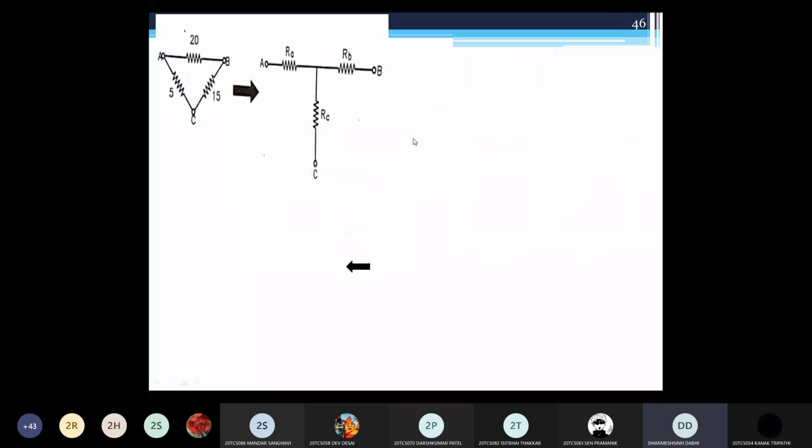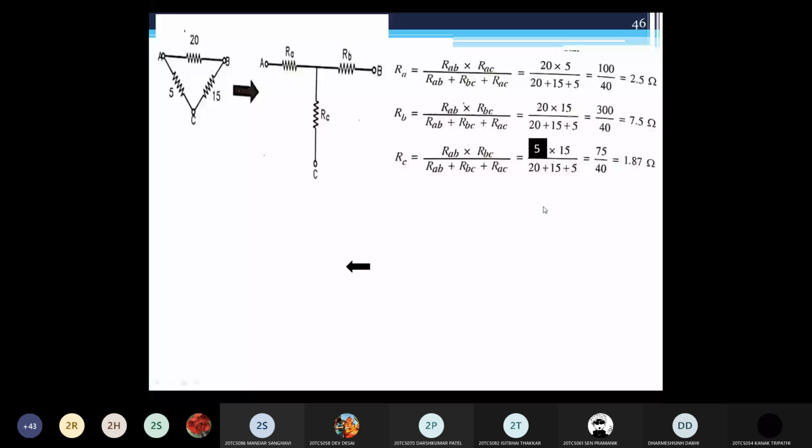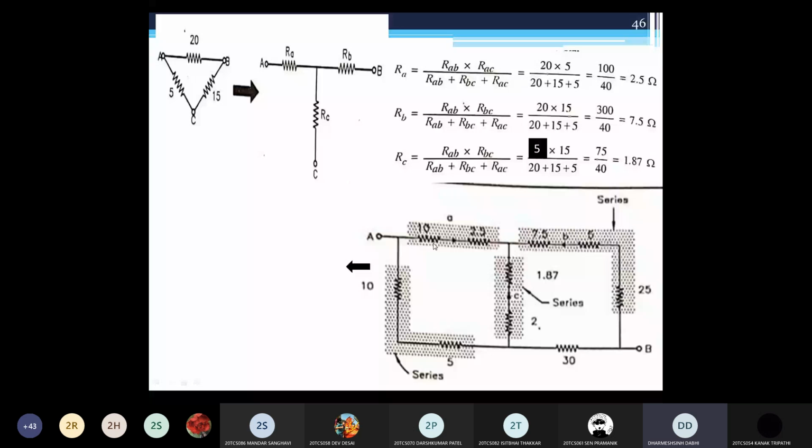Now it looks like this way. At point A, the 10 ohm resistance is in series with this 2.5 ohm. At point B, the 7.5 is in series with this 5 ohm resistance. This is RB, which is connected in series with 5 ohm.